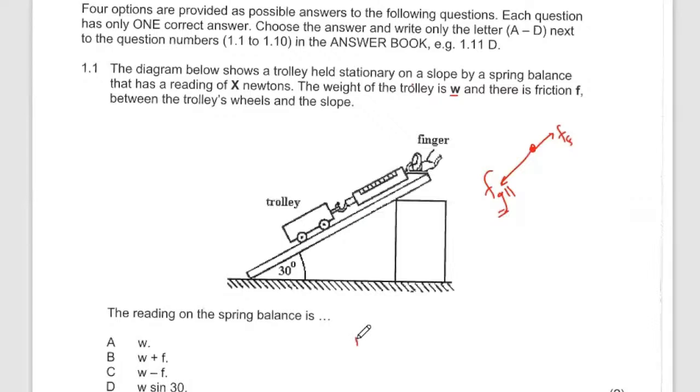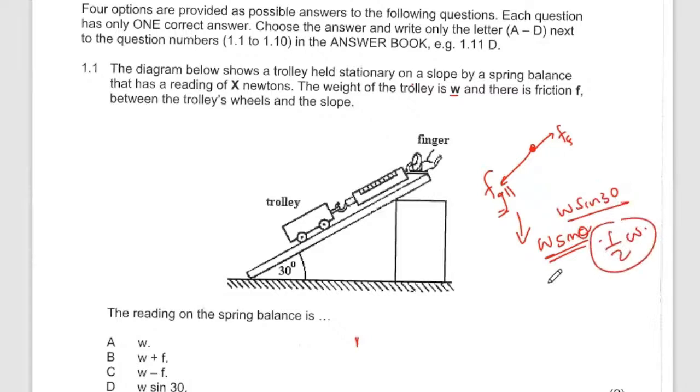option A, W, no, because remember this FG parallel is the same as W sine theta, which will be a half of W. But then it's not only FG parallel that's acting downwards on this trolley. So A is out. Then W plus F wouldn't make sense.